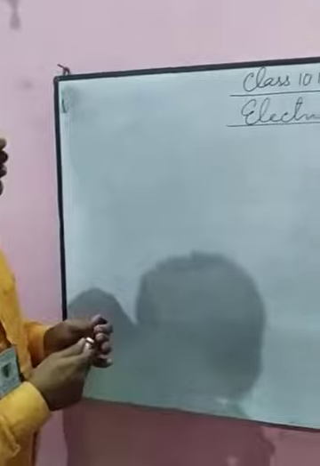In the previous classes, we have already discussed electric power and its SI unit. The SI unit of electric power is watt, but practically it is a very small unit. So its bigger unit is used, that is kilowatt.